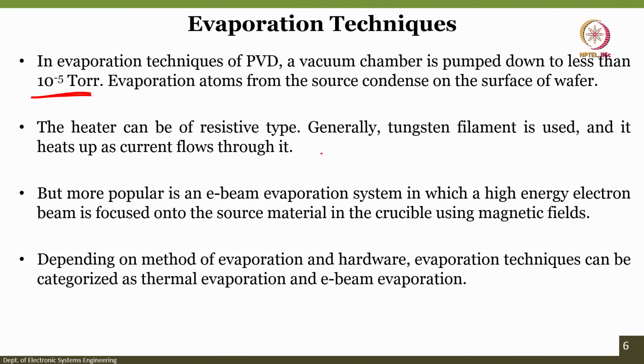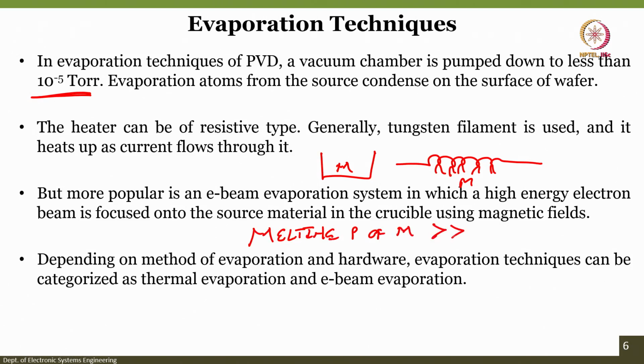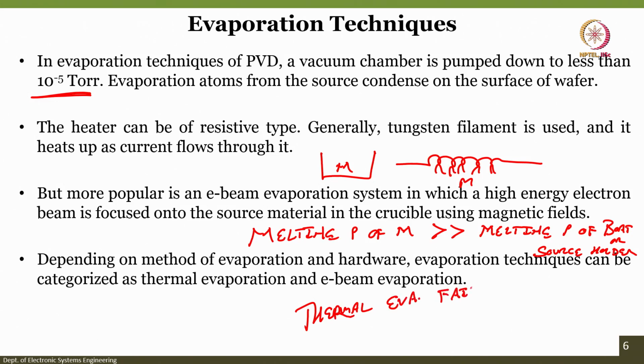The reason to use E beam is very simple. You have a substrate and a source, like this, right, and the material M we use here, if the melting point of the material is way greater than the melting point of the boat or source holder, thermal evaporation fails, right, because the boat material will evaporate faster than the material that we want to deposit.